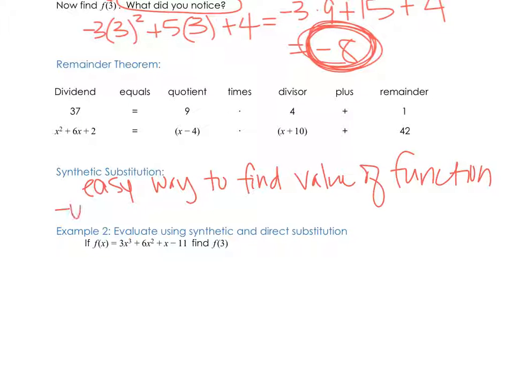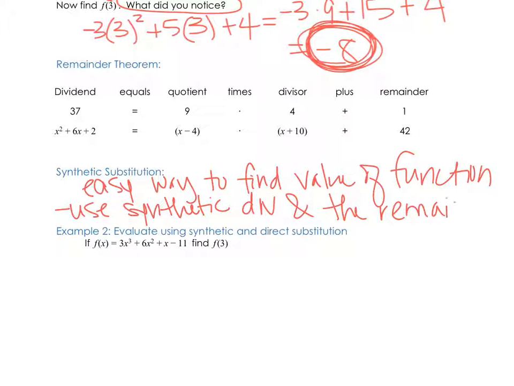You use synthetic division and the remainder is the function value.